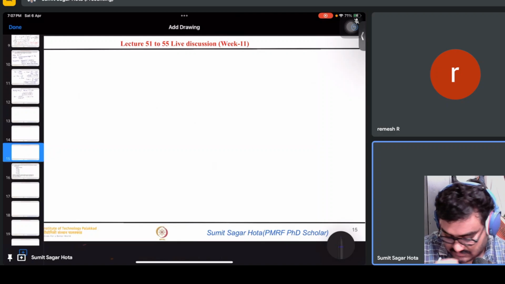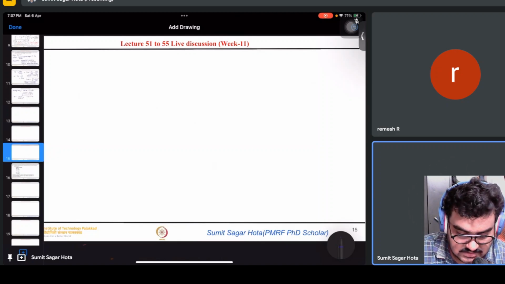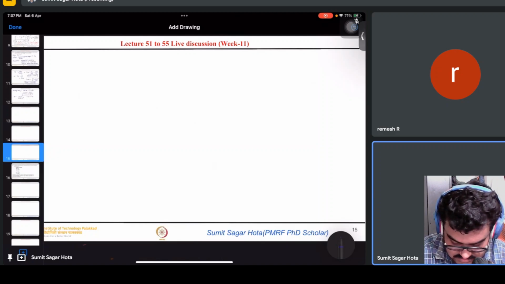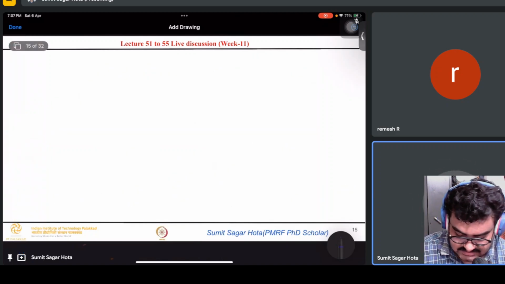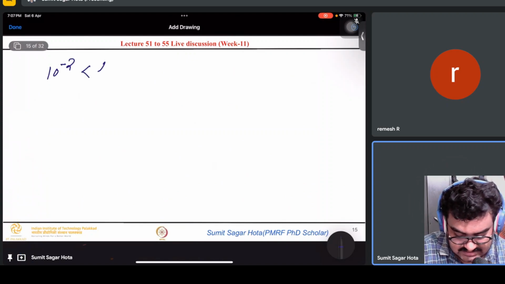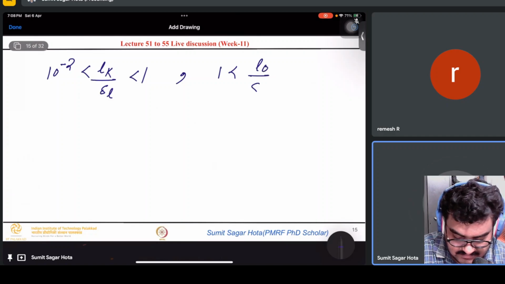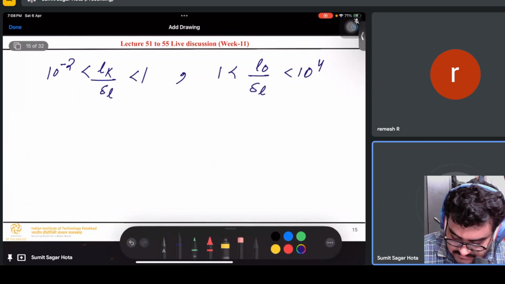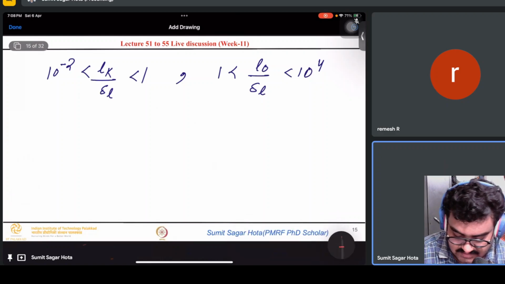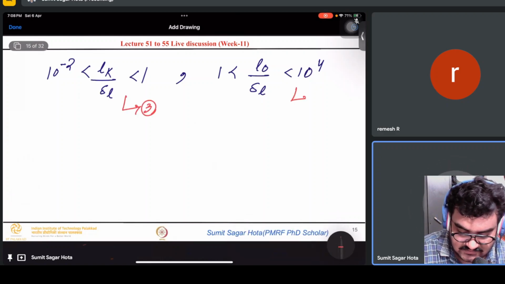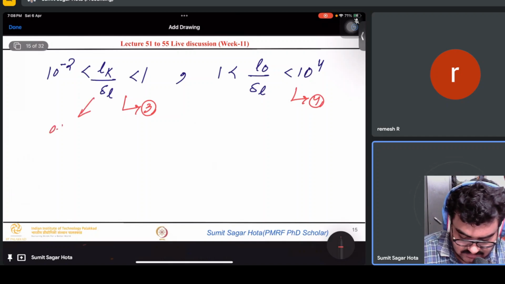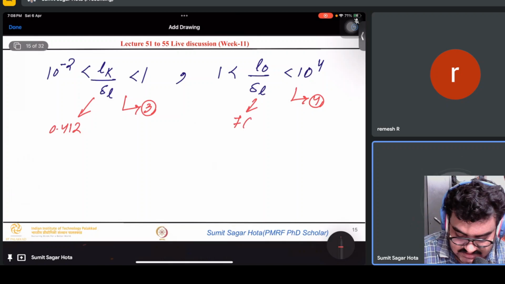So basically 10 to the power minus 2 is less than the ratio by lambda, which is less than 1, and 1 is less than the other ratio, which is less than 10 to the power 4. If in this range, obviously the third condition is satisfied. This is 0.412 and this is 716.